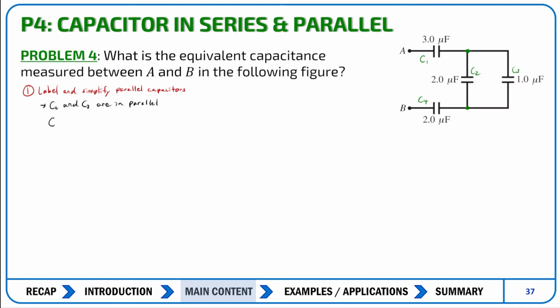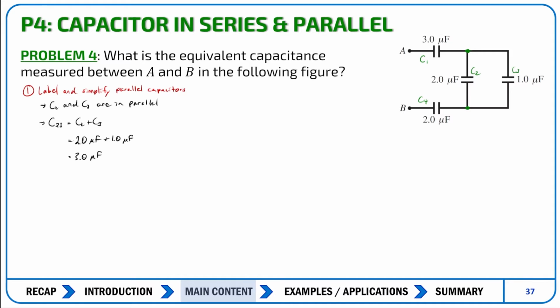So we know C2,3, which is C2 plus C3, is simply going to be 2.0 microfarads plus 1.0 microfarads, which is equal to 3.0 μF. Okay, so that's the equivalent capacitance for 2 and 3.